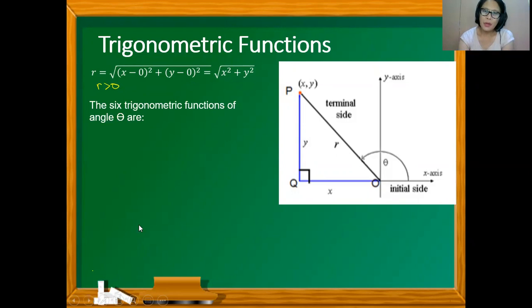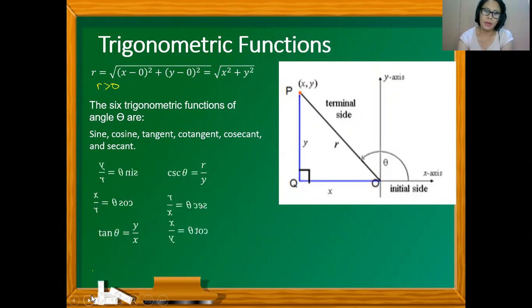Now, the six trigonometric functions of angle theta are sine, cosine, tangent, cotangent, cosecant, and secant. So we will be able to identify the ratios here, which are: sine theta equals y over r.